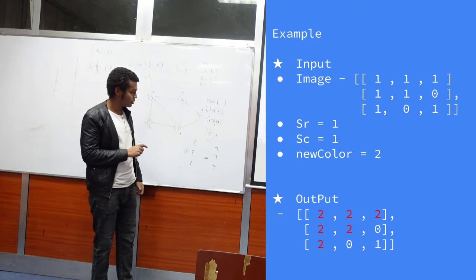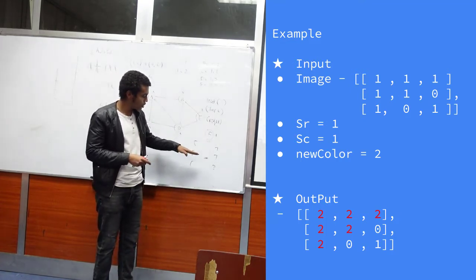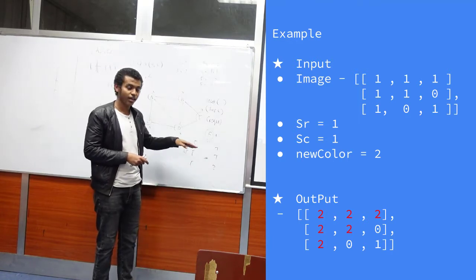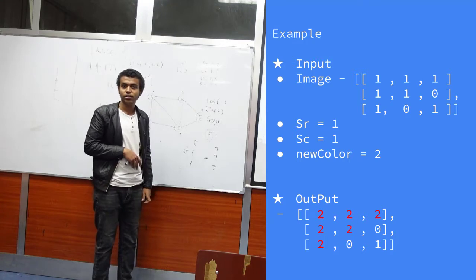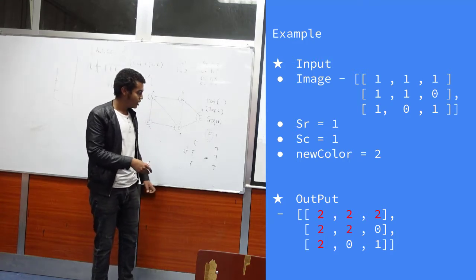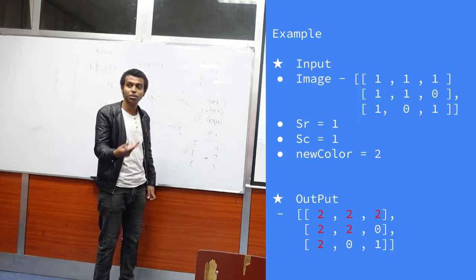So in the prior slides, we considered neighbors as vertices that are just four-directionally connected to it, right? But now it says not only does it have to be four-directionally connected, it has to have the same color.